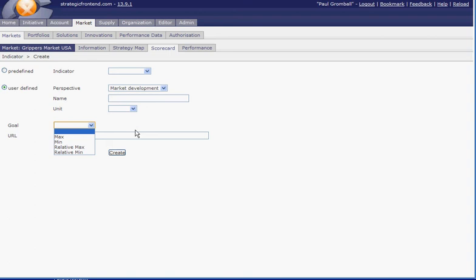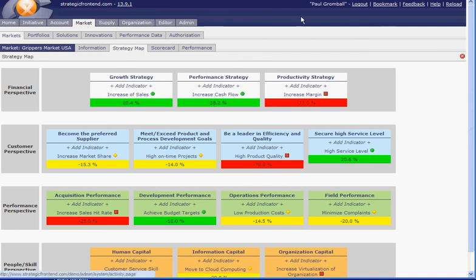You want to maximize a certain key performance indicator, minimize, have a relative max and a relative minimum. Then you can create it. This is how you add new key performance indicators to your scorecard.